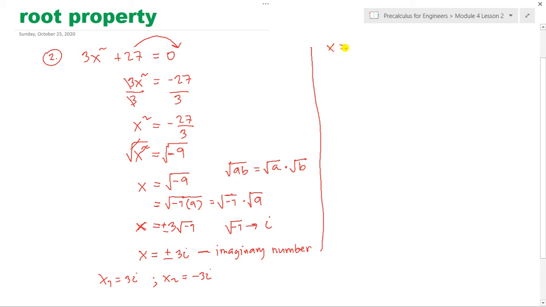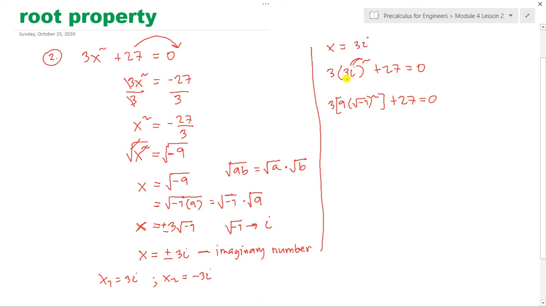So for x equal to positive 3i, plug in: we have 3 times (3i) squared plus 27 is equal to 0. Then distribute the exponent 2 on each term, on the constant and the imaginary number i. So we have here 3 times 9, and then i is the square root of -1, squared, plus 27 is equal to 0.